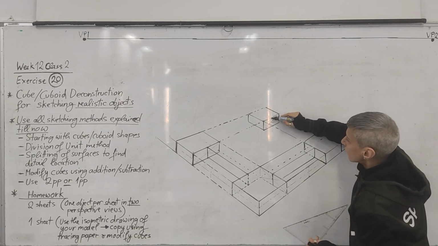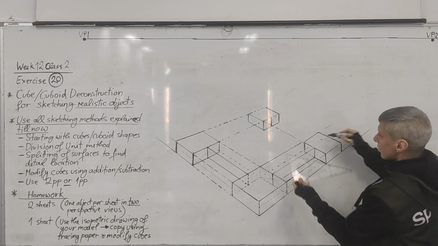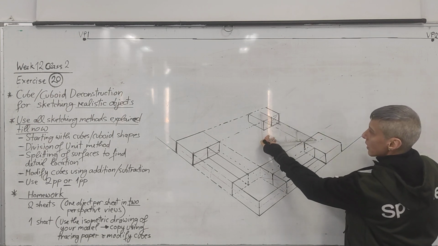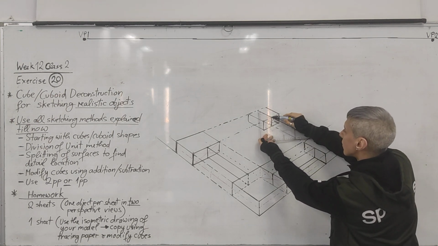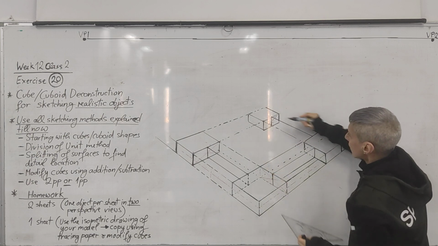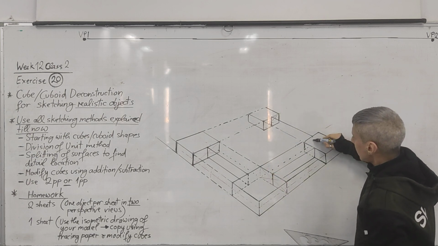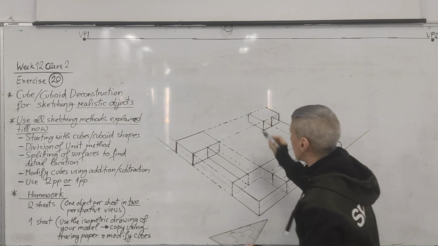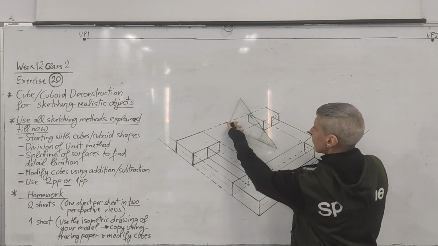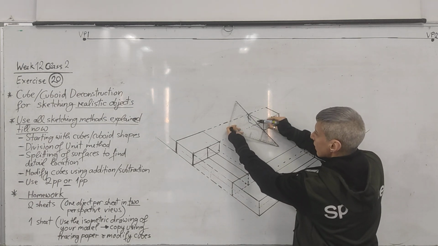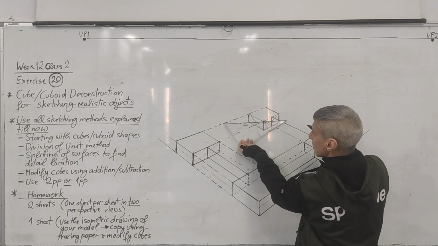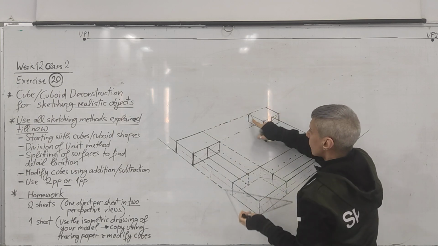Okay? And so, either this one or on this one to the vanishing point. And here, of course, it's behind, so we won't see it. Here, the same thing. Splitting of surface. So here is the midpoint.